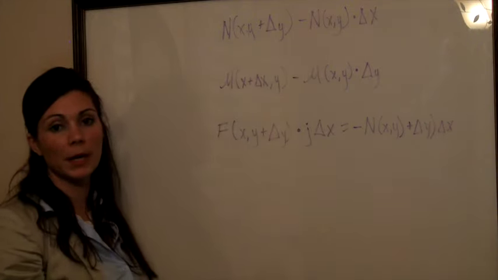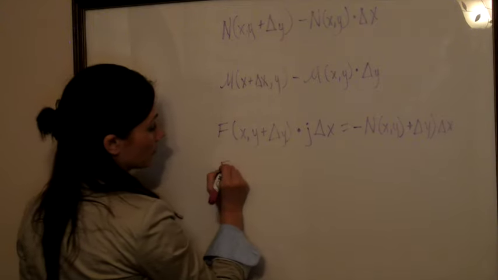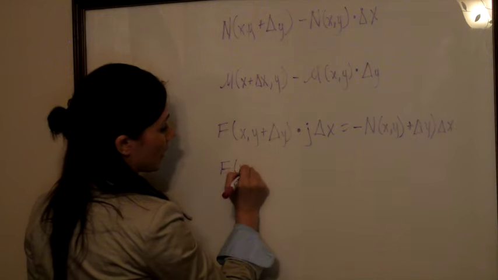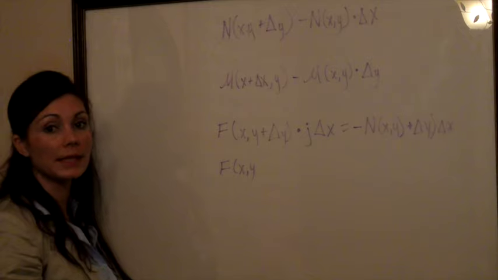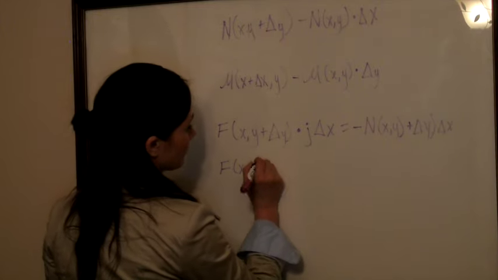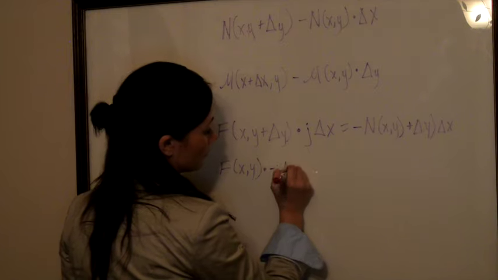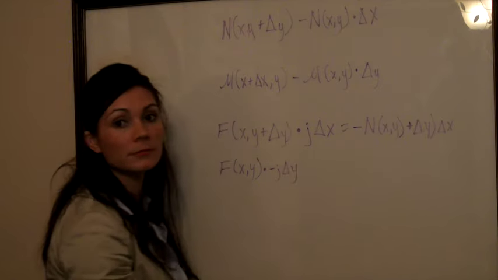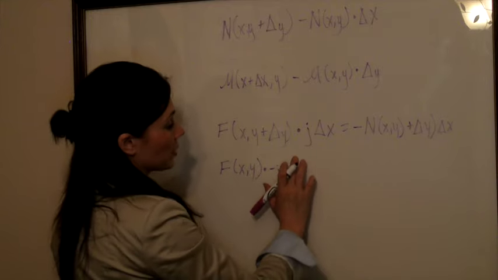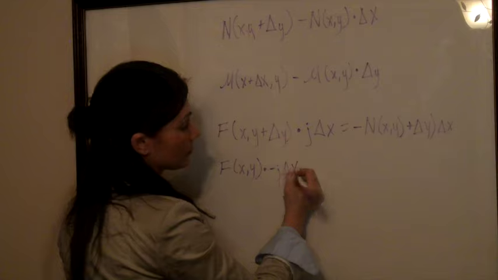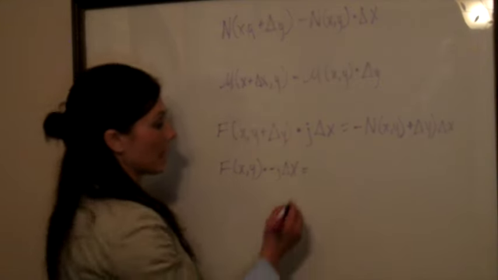Then whenever we look at the bottom, this is what we're going to use. We'll have our F(x,y), and we're going to multiply that with our negative j, change of x. And this will equal negative N(x,y) change of x.